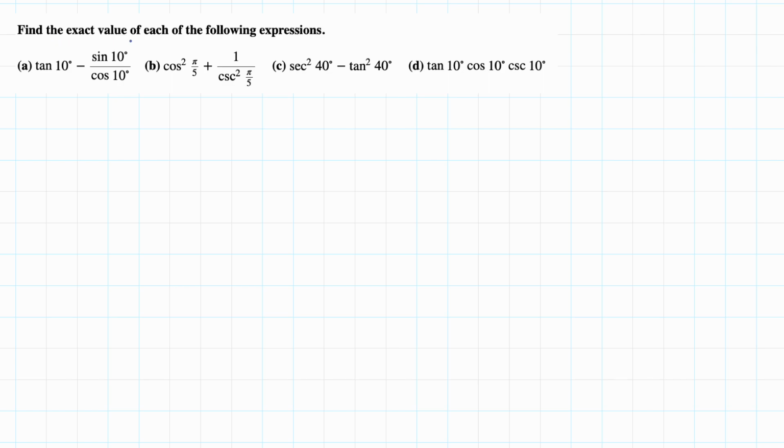Find the exact value of each of the following expressions. So in part A, we have tangent 10 degrees minus sine over cosine 10 degrees. Note that 10 degrees is not a standard angle. We have standard angles like 0, 30, which is pi over 6, pi over 4, pi over 3, pi over 2, and their corresponding angles in the second, third, fourth quadrants.